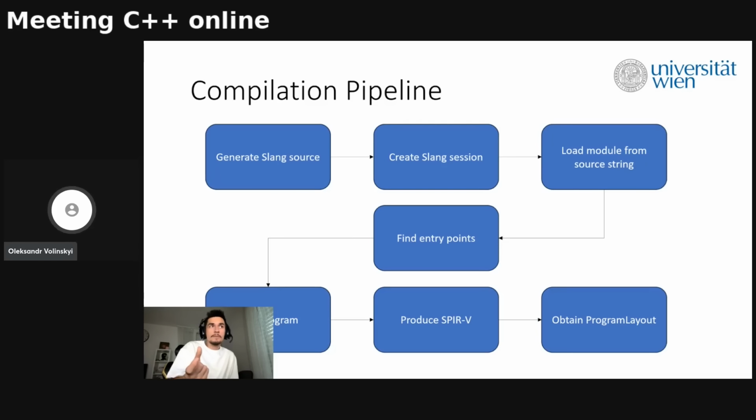At the same time, the system can obtain the program layout. You can see it's the last step of the workflow, obtain program layout, and this program layout is basically the basis for the reflection, and we will need that a bit later. We will talk about this too. So this step turns the generated shader source code into something Vulkan can actually use, SPIR-V.